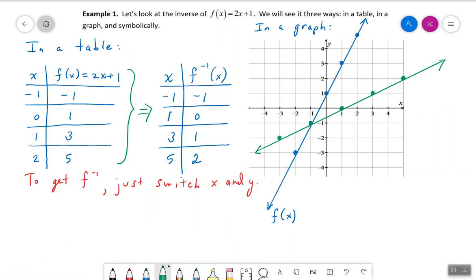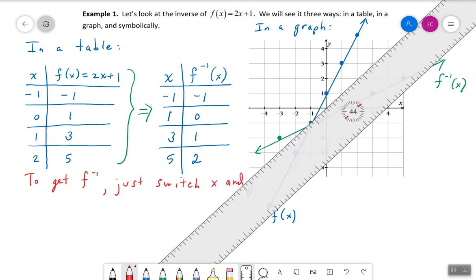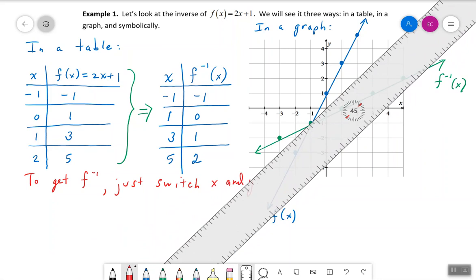And we can label that function f inverse of x. And then there's a nice observation to make about the relation between these two graphs. It could be a little tricky to see, but if we come in and we sketch the line, let's see here.